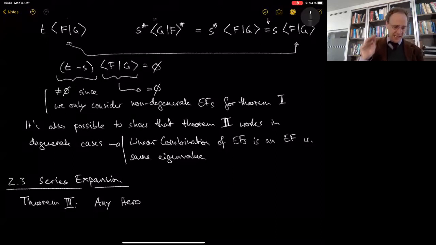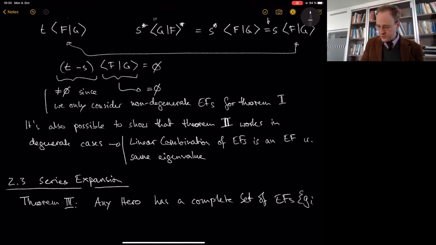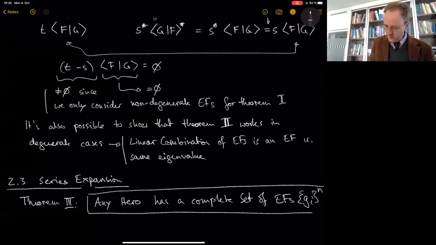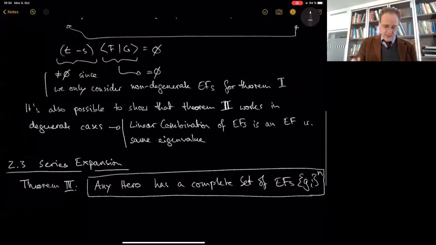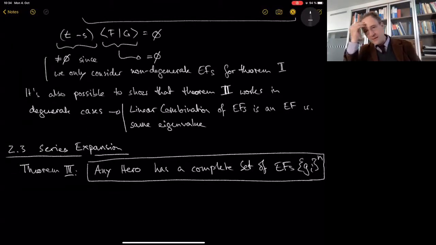Now here's the theorem. Any hero has a complete set of eigenfunctions, right? So let's call them GI, and there's n of them. So this is a fairly general statement, and you will see in a minute why it matters to have a complete set.